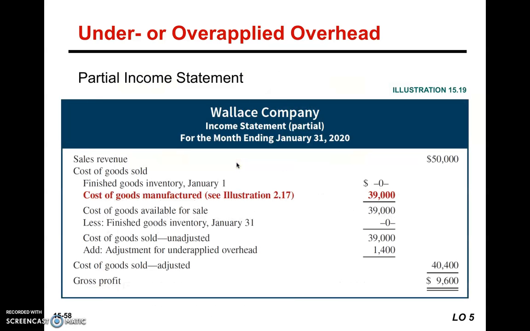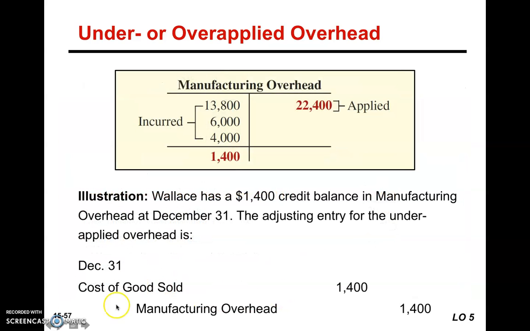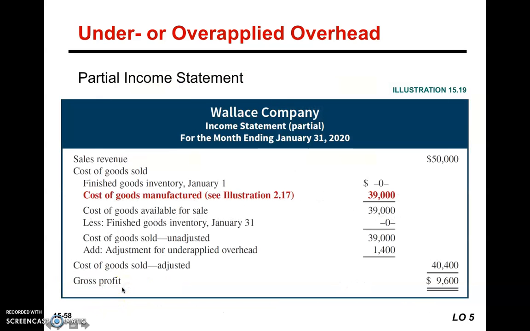So when we prepare an income statement, the unadjusted balance of cost of goods sold, let's say, was 39,000, and then we're going to increase it by that under applied overhead. Why increase it? Because cost of goods sold is an expense. The debit increases that expense. So therefore now we have cost of goods sold of 40,400.